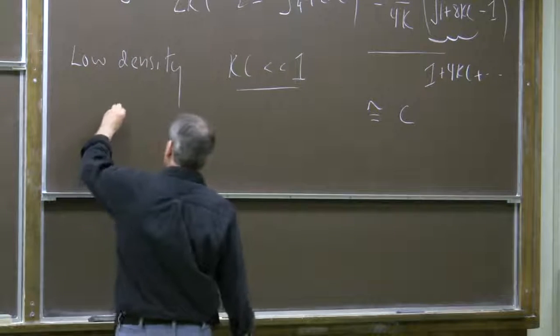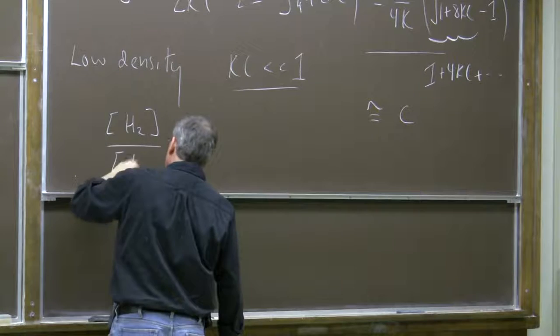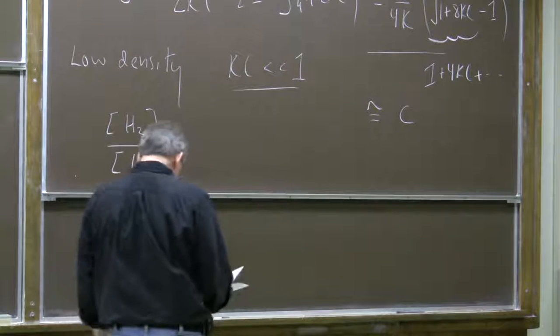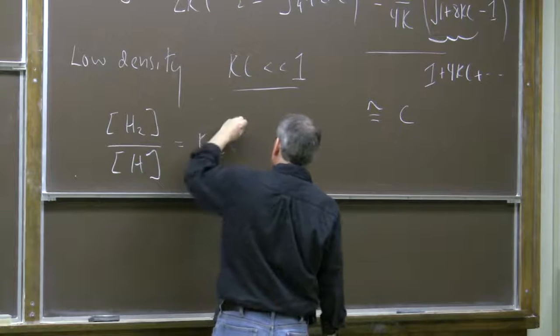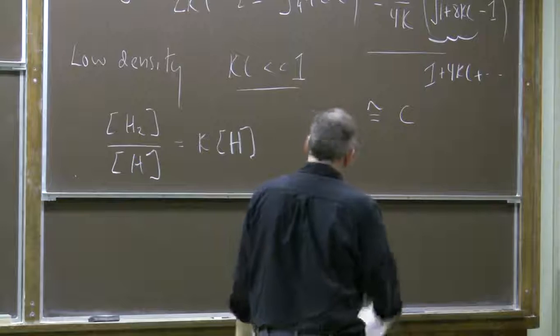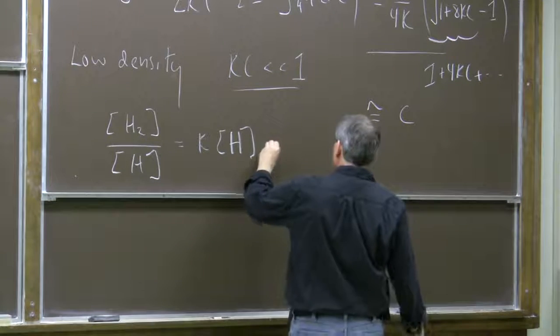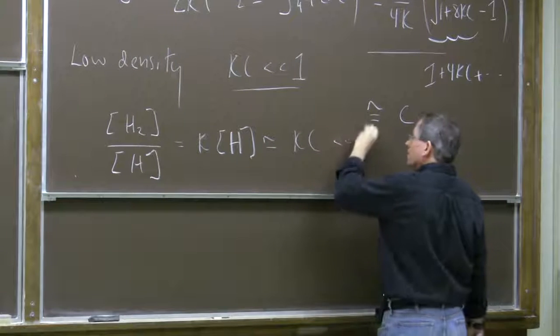And say the amount of molecular hydrogen normalized by the amount of atomic hydrogen, which is much bigger, is just K times the concentration of atomic hydrogen, but that's approximately C, so that's approximately Kc, which of course is small compared to 1.